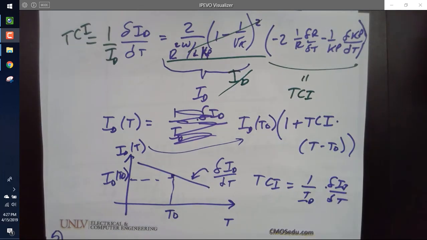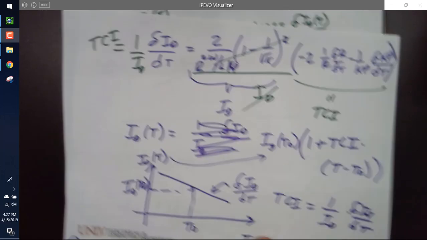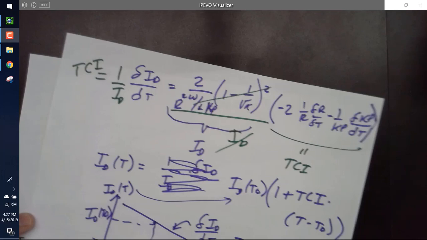We're almost there. Okay, so let's go back now, and I'm going to write that TCI. And we'll do a simulation example just to show you.